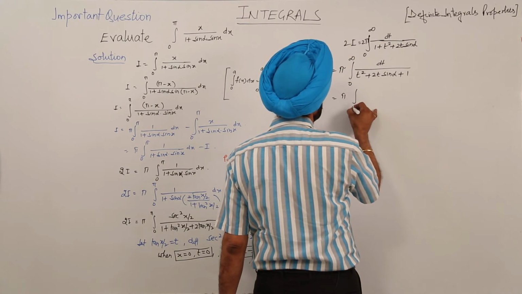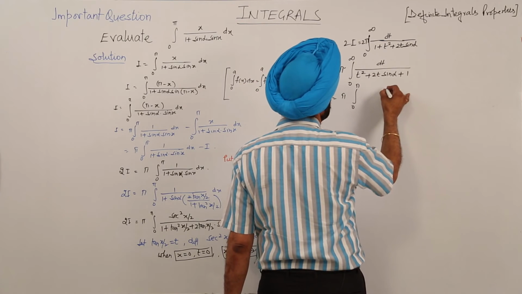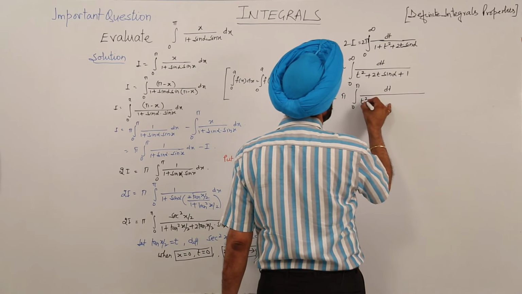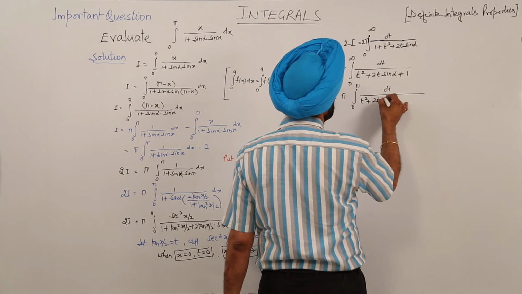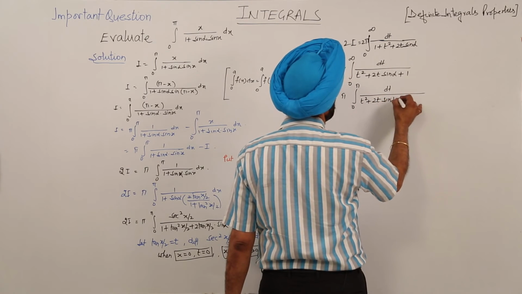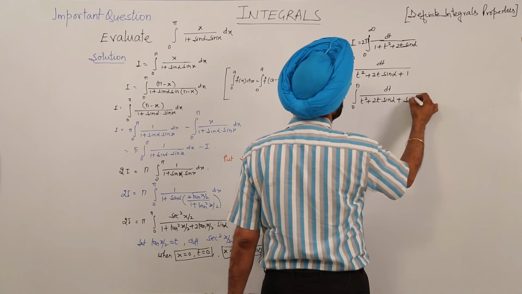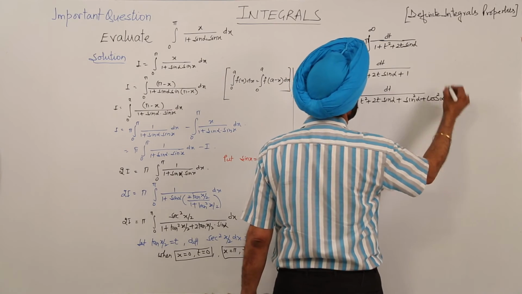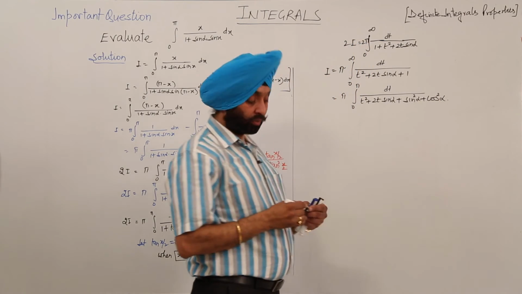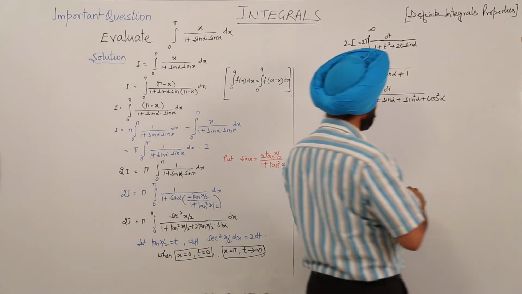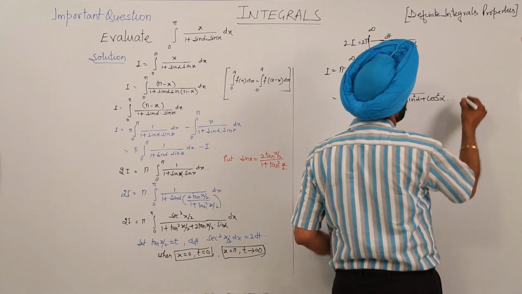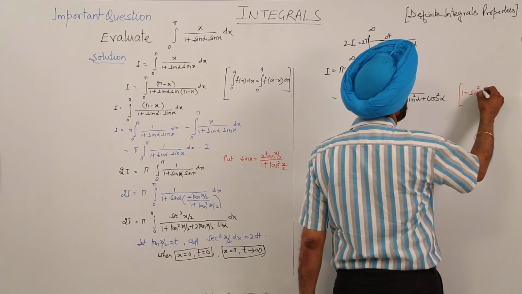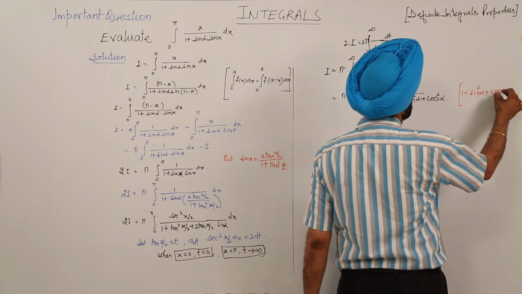Pi, 0 to infinity dt upon t square plus 2t sin alpha plus sin square alpha plus cos square alpha. Now in place of 1 I have used the identity 1 is equal to sin square alpha plus cos square alpha.